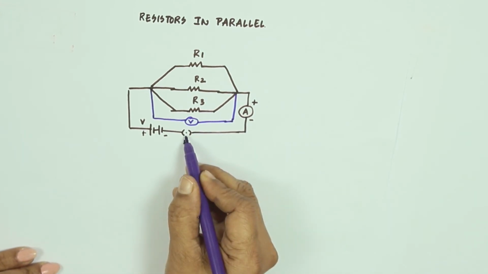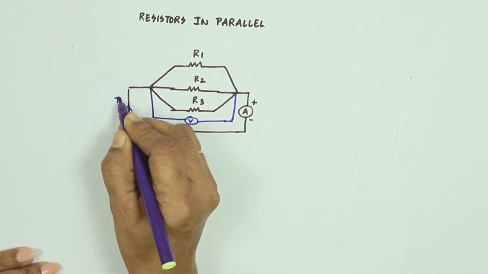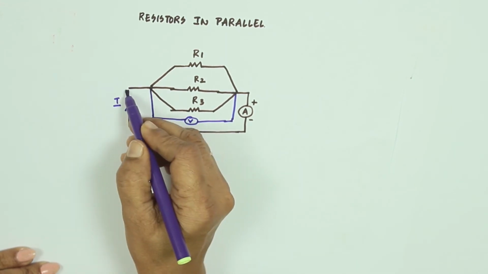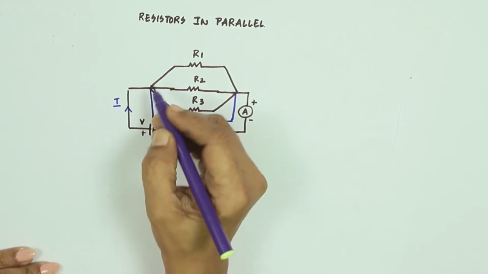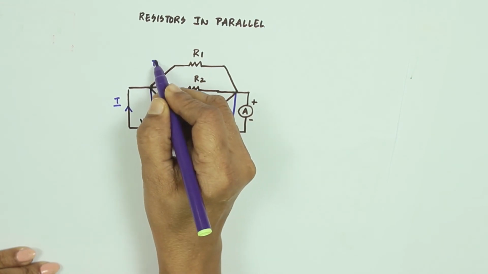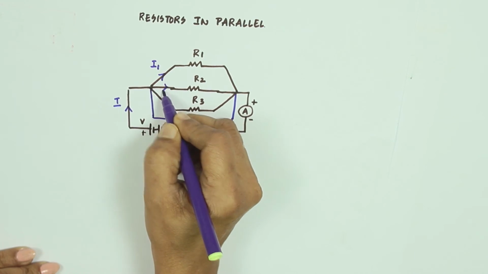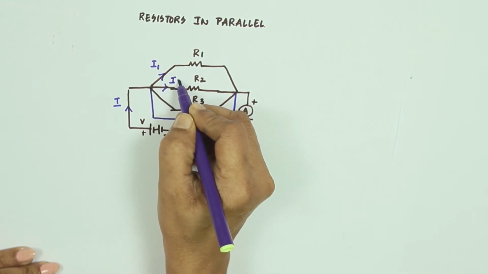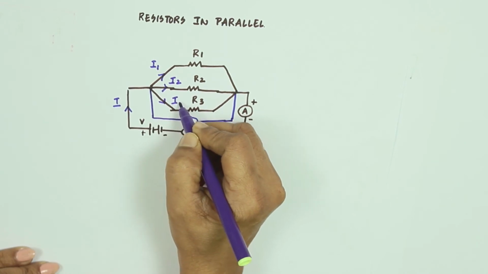Now when we plug in this key, a current I flows through the circuit. When this current reaches here, it branches across each resistor. Across the resistor R1 the current is I1, across the resistor R2 the current is I2, and in the resistor R3 the current is I3.